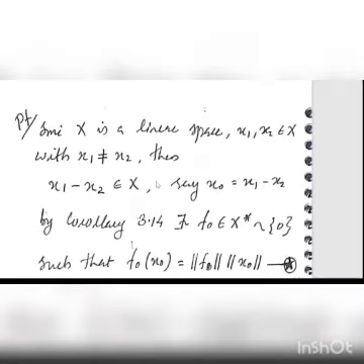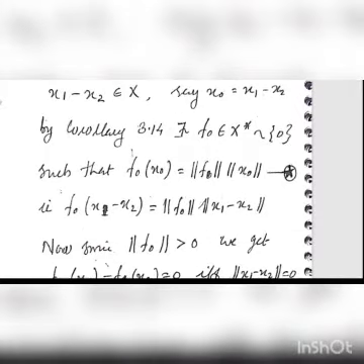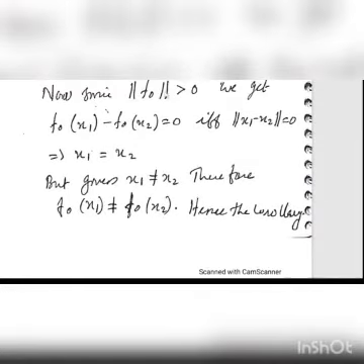Since x is a linear space, x1, x2 belonging to x means x1 minus x2 also belongs to x. Say x0, something like that. From the previous corollary, you will have this condition. Now, instead of x0, you can apply x1 minus x2. Since the norm of f0 is always greater than 0, f of x1 minus f0 of x2 equals 0 if and only if the norm of x1 minus x2 is 0, which implies x1 equal to x2.